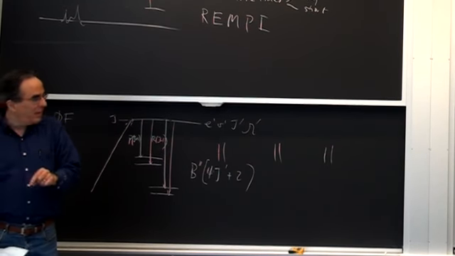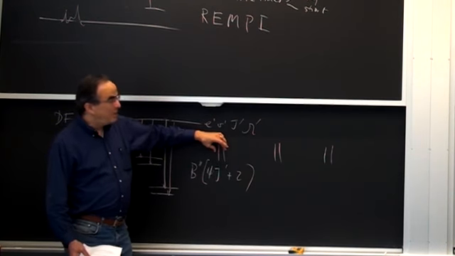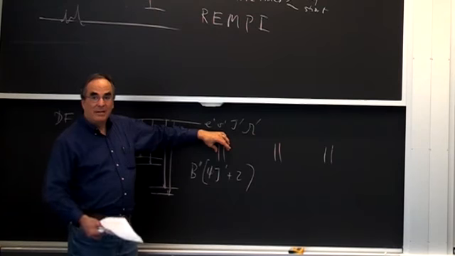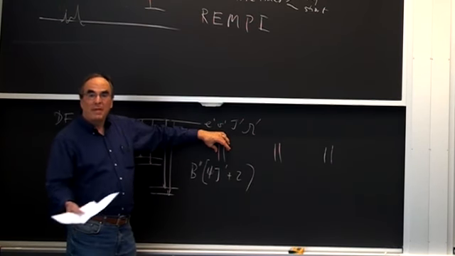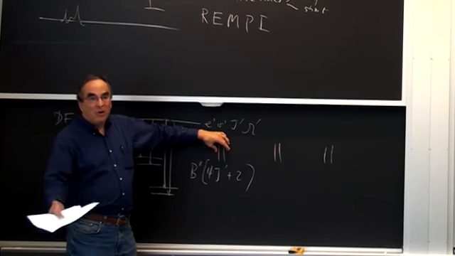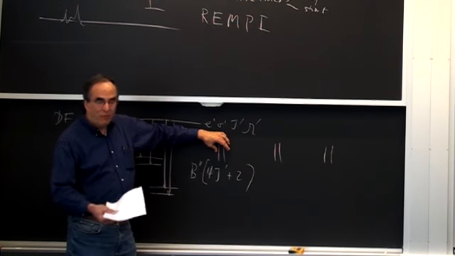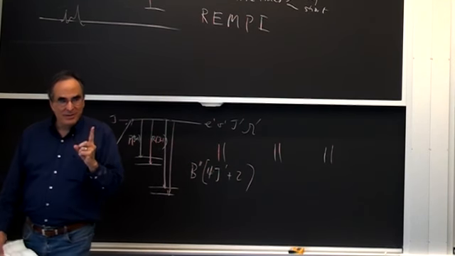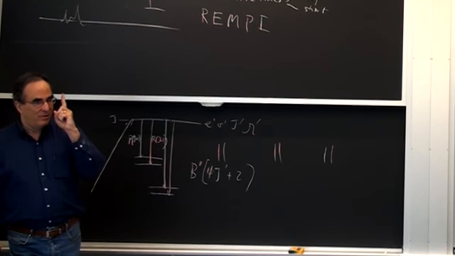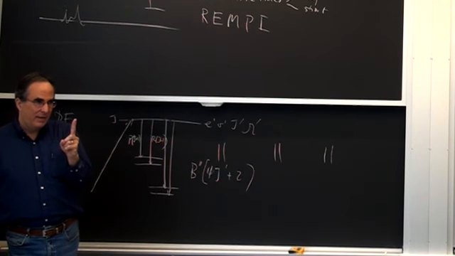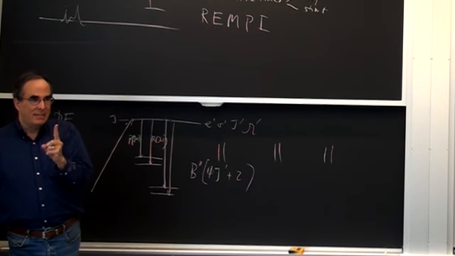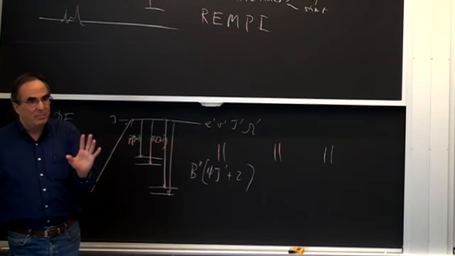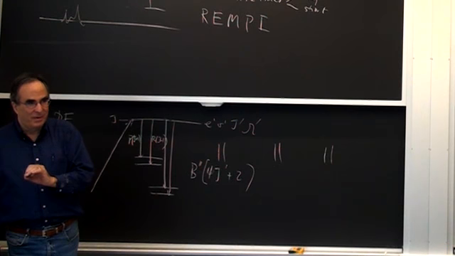I look at 2 consecutive lines, and if the PR separations change by an amount reasonable for a change of 4B, then you say they were the same 2 lines, and you know 4B, and you know J. So 2 measurements. You look at the dispersed fluorescence from one line, and then what you think is the next line. And if you're not unlucky, then you have a complete rotational assignment of the spectrum.